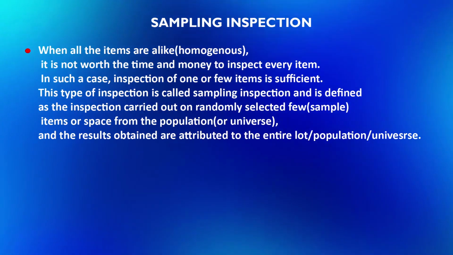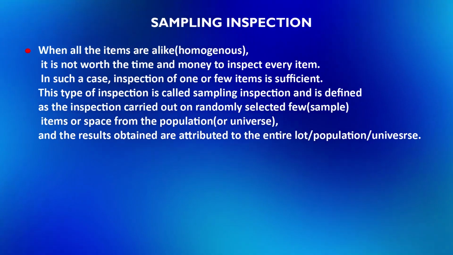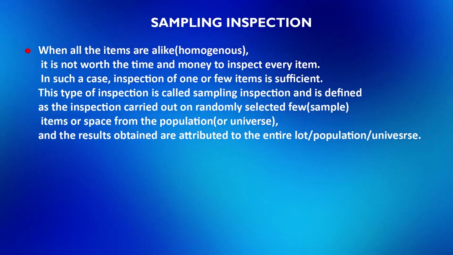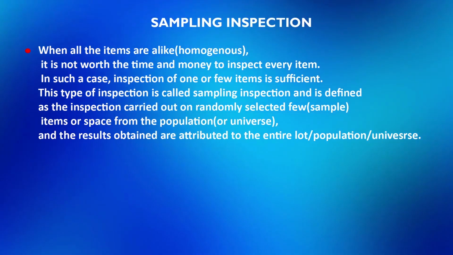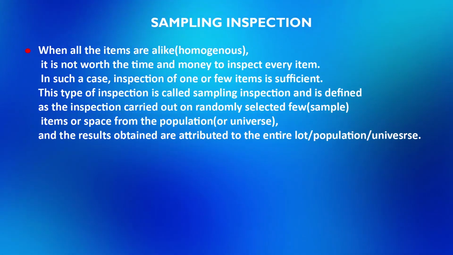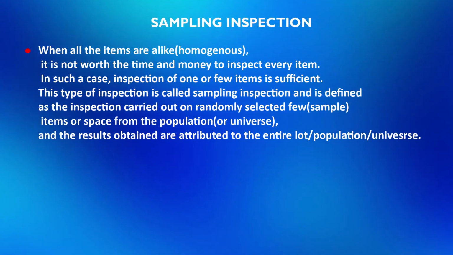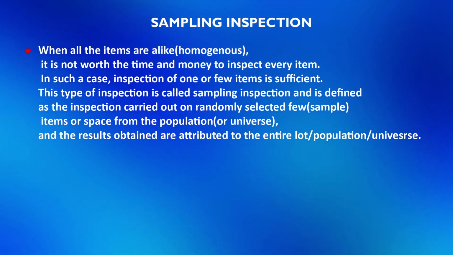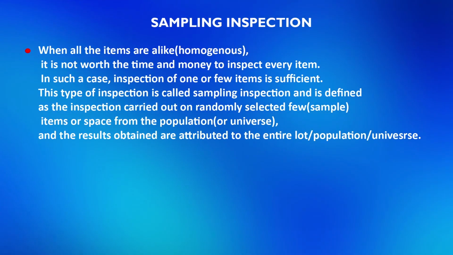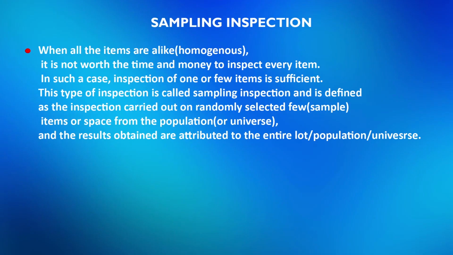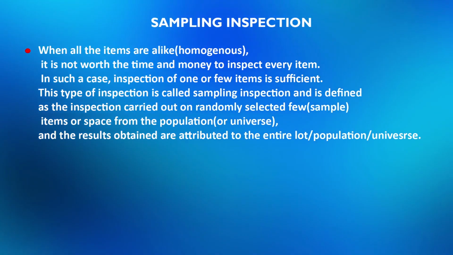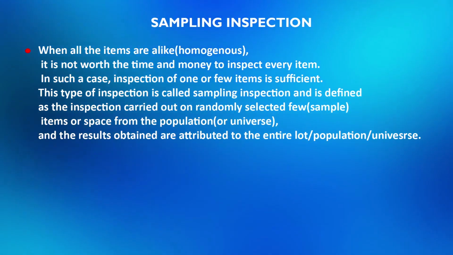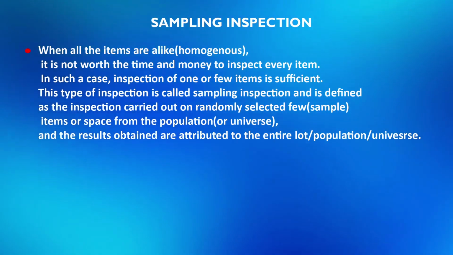This type of inspection is called sampling inspection and is defined as the inspection carried out on a few randomly selected sample items from the population or universe, and the results obtained are attributed to the entire lot or population.